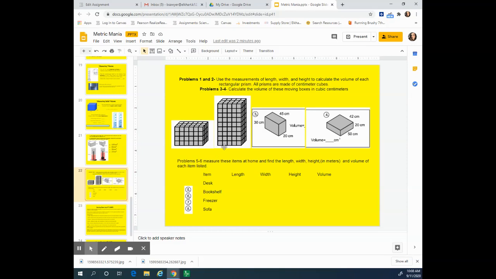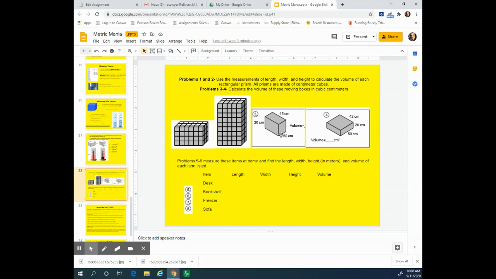Then we have 1, 2, 3, 4, 5 across. 1, 2, 3, so 5 times 3 times 1, 2, 3, 4, 5, 6, 7, 8, 9. 5 times 3 times 9 gives you your volume here.